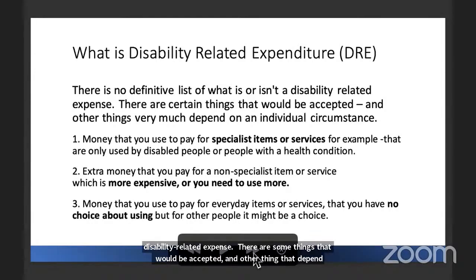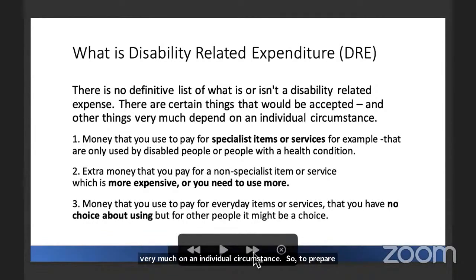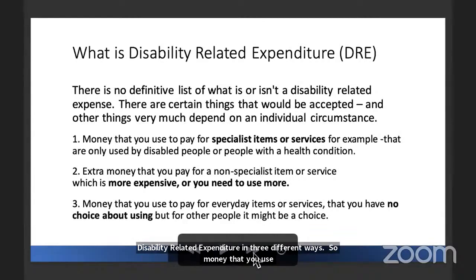To prepare for a financial assessment, it's easy to look at disability related expenditure in 3 different ways. First, money that you use to pay for specialist items or services, for example, that are only used by disabled people or people with a health condition.